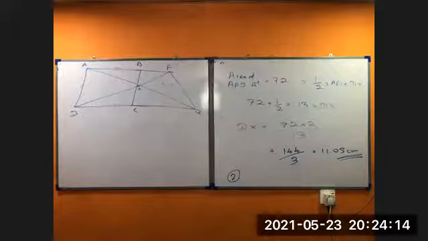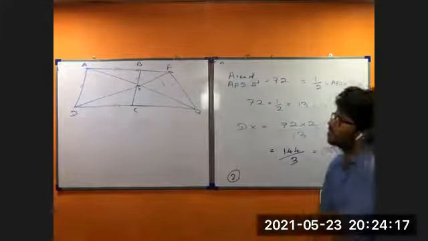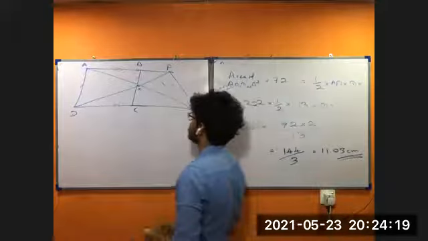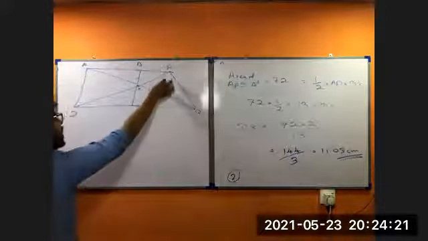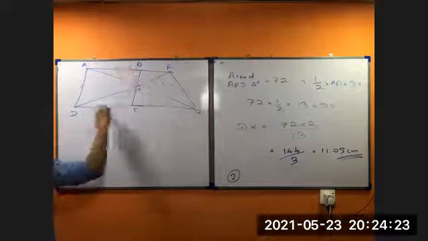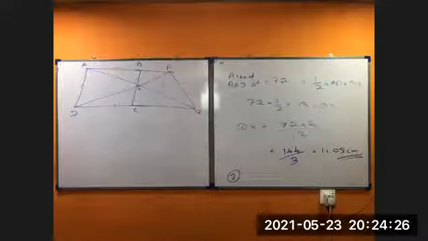Okay, let's discuss. So how to approach? We have to show that this triangle is half of this one. So what can we do?